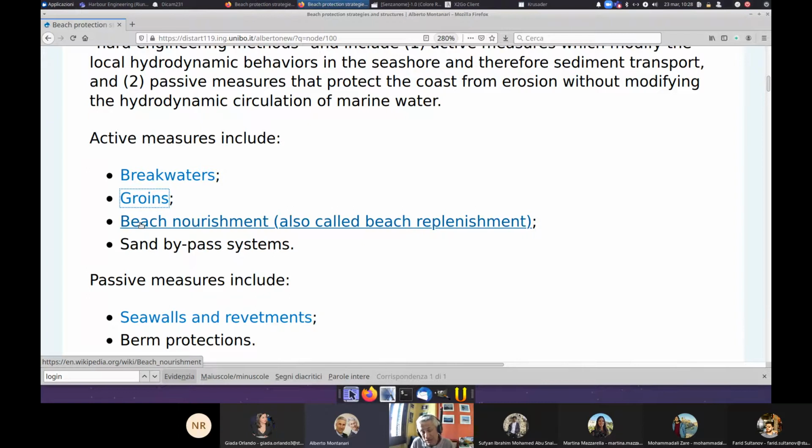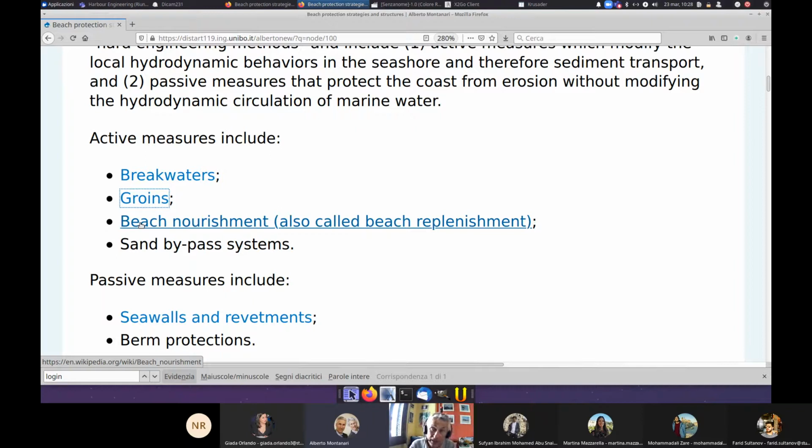So it is unlikely that you can move the sand from a place where the sand was accumulated. It is unlikely that you can bring back to the beach the sand that was originally in that position. Usually you have to use other types of sand that have different color, different size, probably.